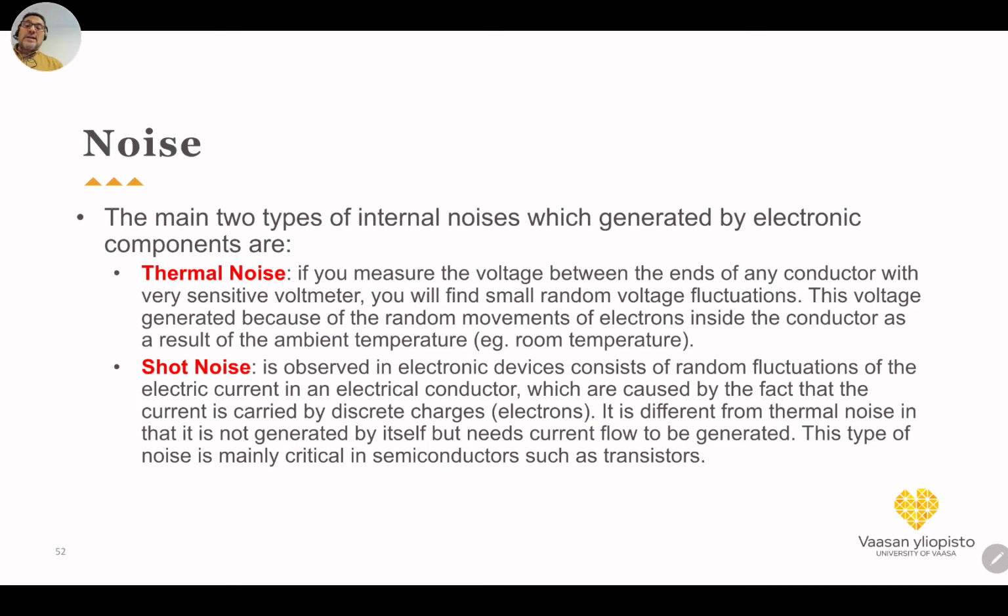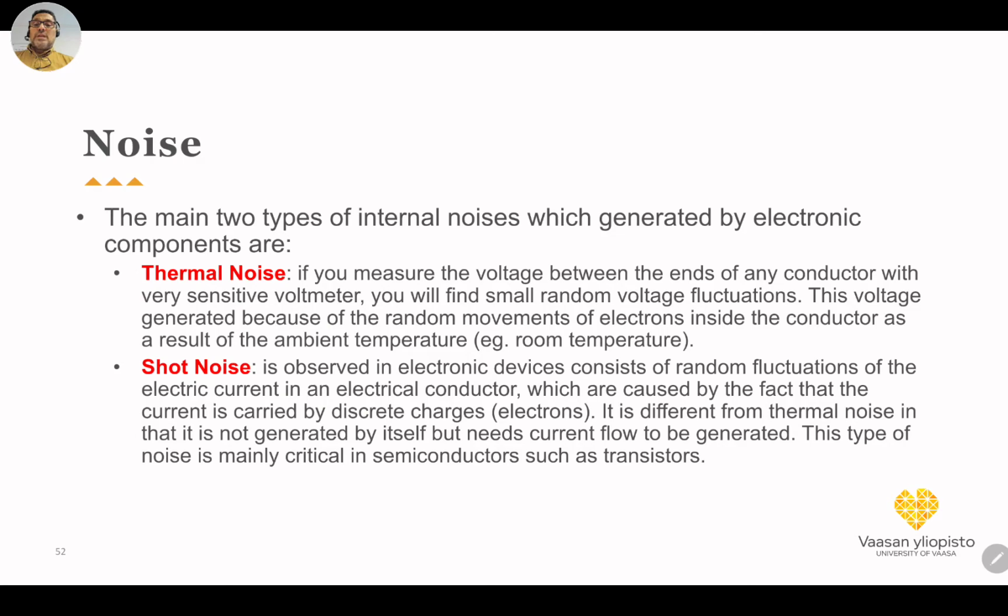Shot noise is a different kind of noise, because the moving electrons are discrete charges, so they are not 100% smooth. When they are moving across the cross-sectional area, they can hit each other, or there can be some kind of discontinuity, which we see as noise because it is not 100% smooth.